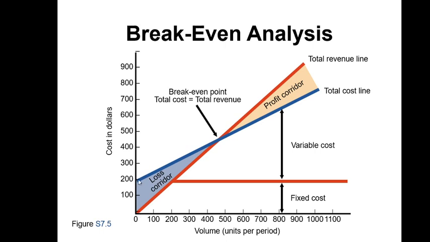But your total cost function, as you can see, the blue line, does not start from the origin, from the 0. No, it starts from your fixed cost, 200,000, for example. ليش?